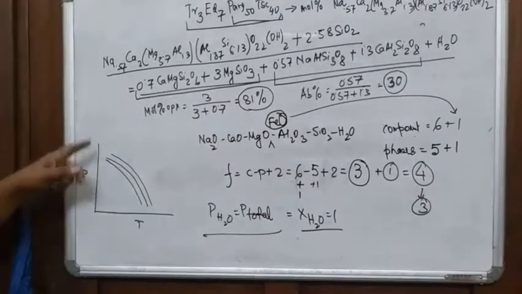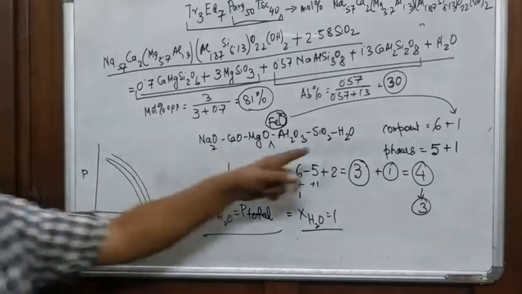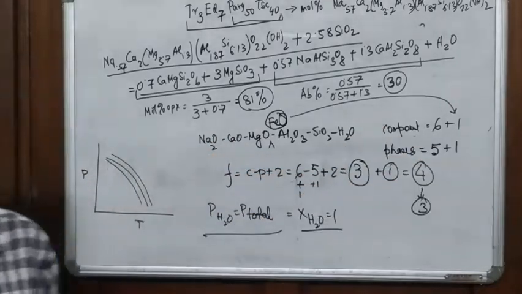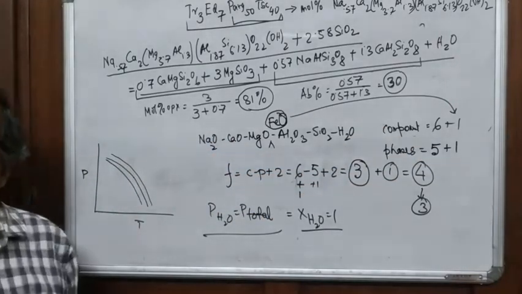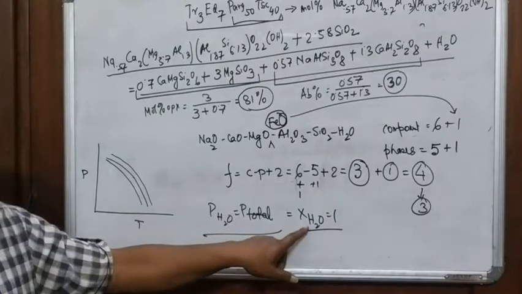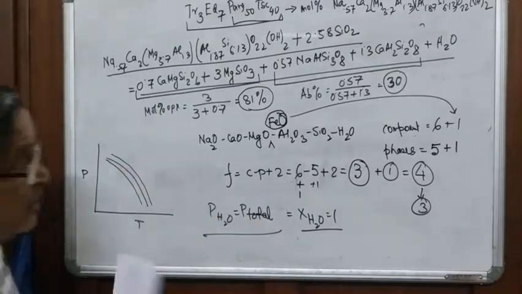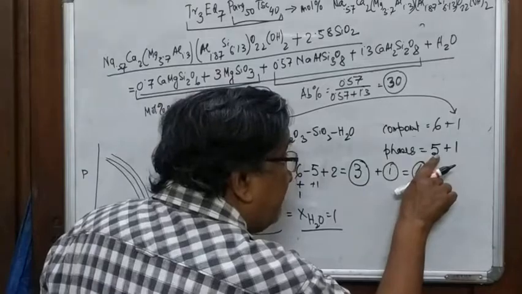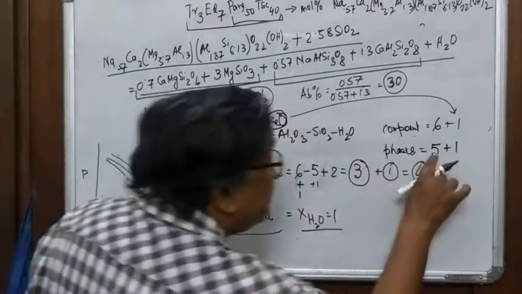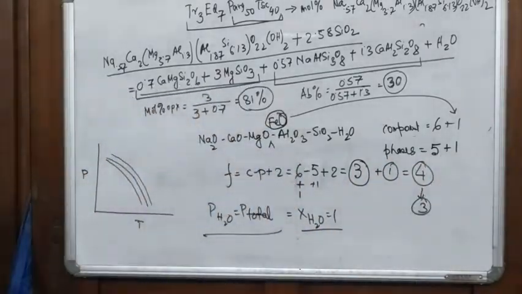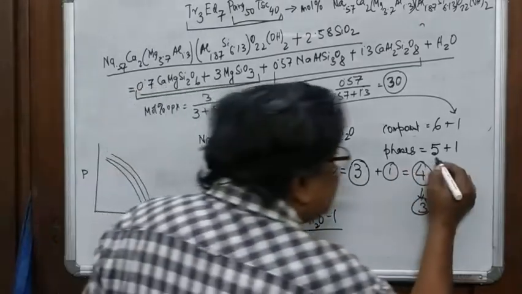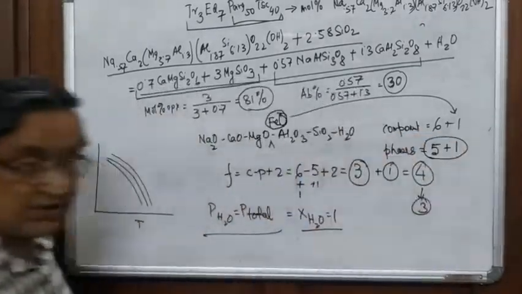Because they assume in the variance diagram that pH2O is equal to P total, then XH2O is equal to 1. That means there was a fluid phase. So instead of 5 mineral phases, now you have one more fluid phase. So you have 6 phases in the facies diagram.